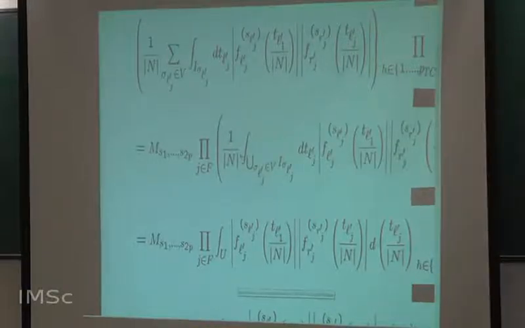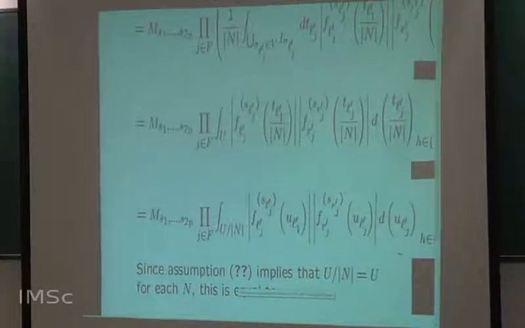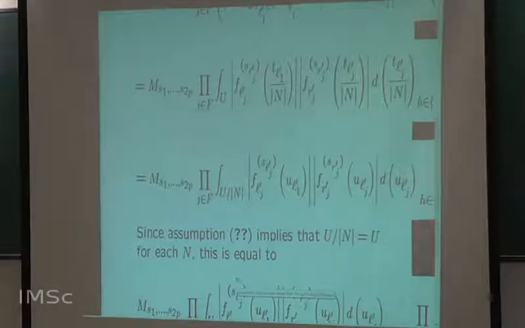And I bring the factor 1 over n into the integrating variable. So I obtain now this quantity, but now I use that u is a cone. You see where the assumption enters.